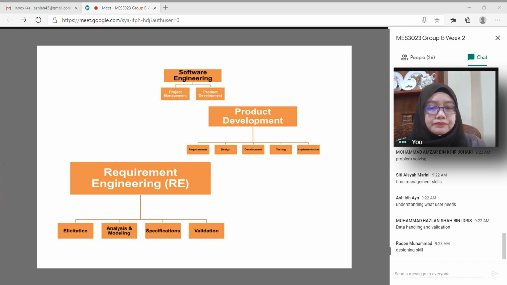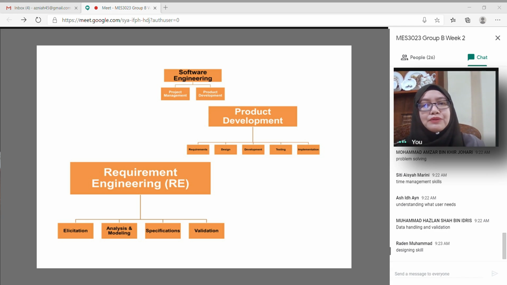Which means when you are doing your project during this class, you have to go across all these activities: elicitation, analysis, modeling, specification, validation. If you don't have that skill, you will get the opportunity to practice it.